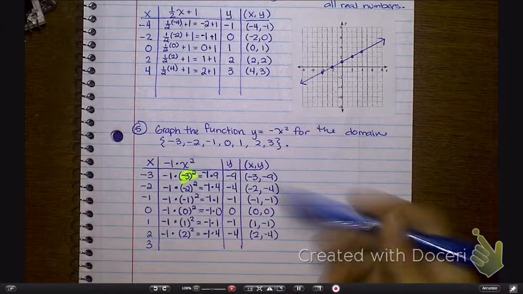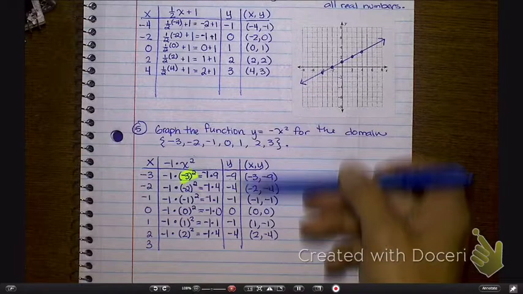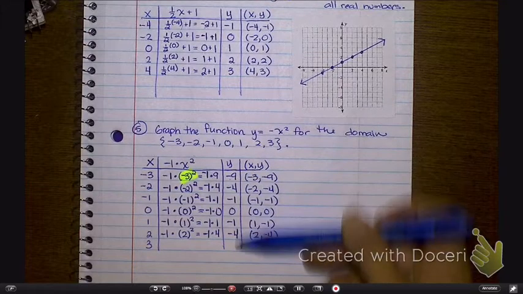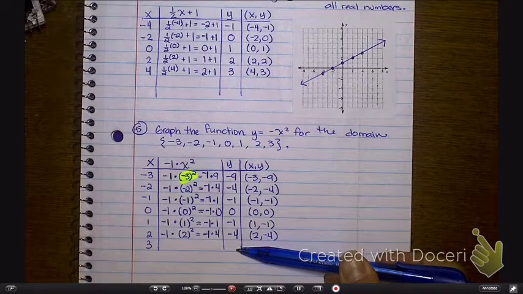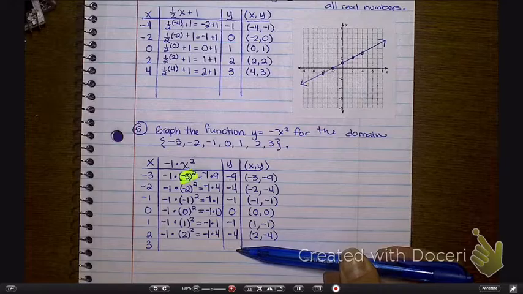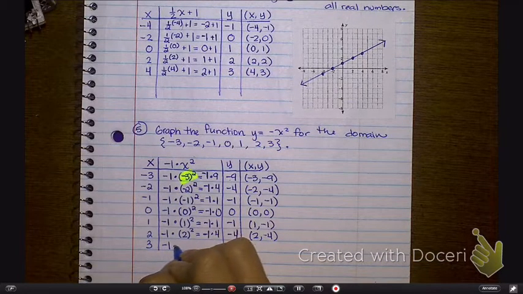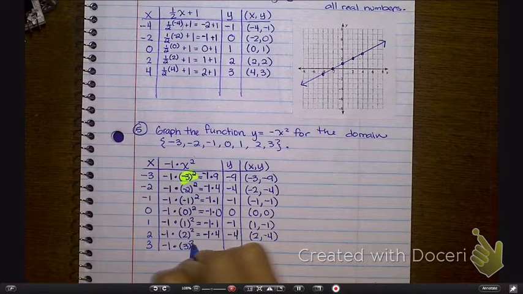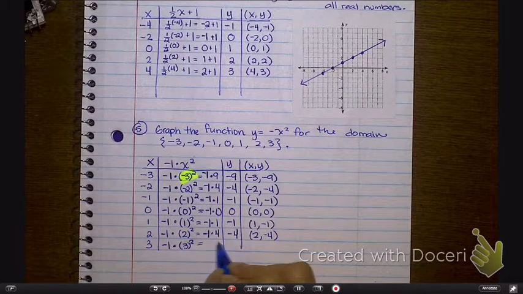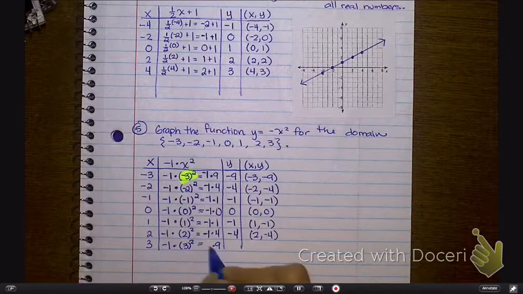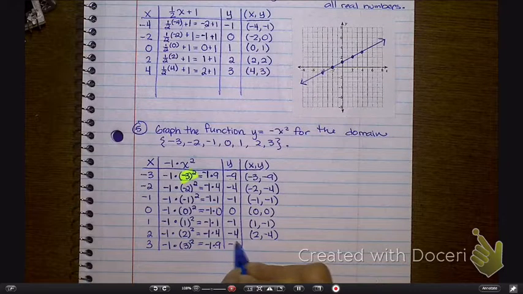Do you see any kind of similarity happening here? What's your guess for the next number? -9. Let's check and see. -1 times +3 squared. Well, +3 squared is +9, but that's multiplying by -1, so that's -9.